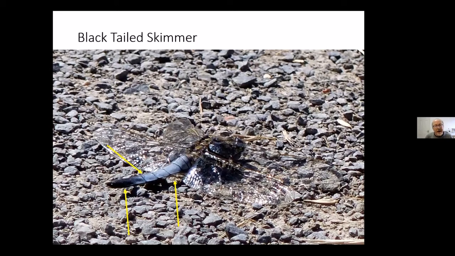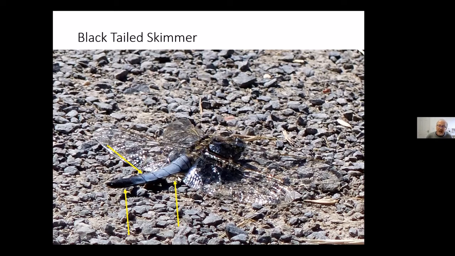The one that occasionally people mistake it for is this one, called a black-tailed skimmer. And you'll see I've put some arrows on here, and that's to help you identify the difference. So firstly, you will see that it has a dark end of its tail, hence the phrase black-tailed.